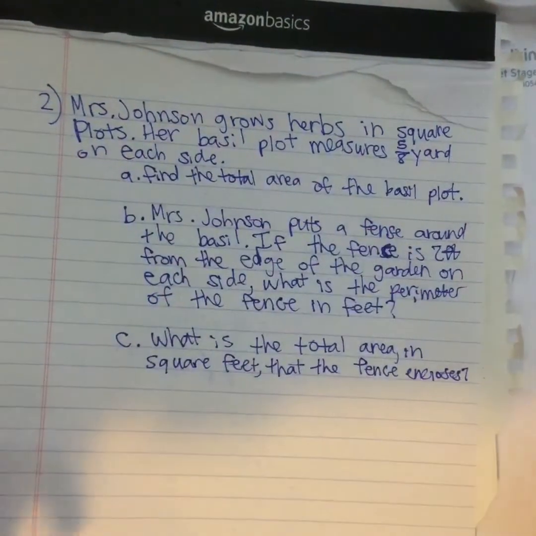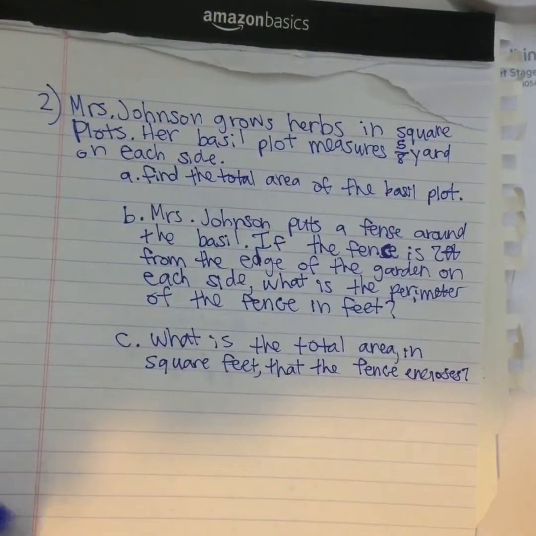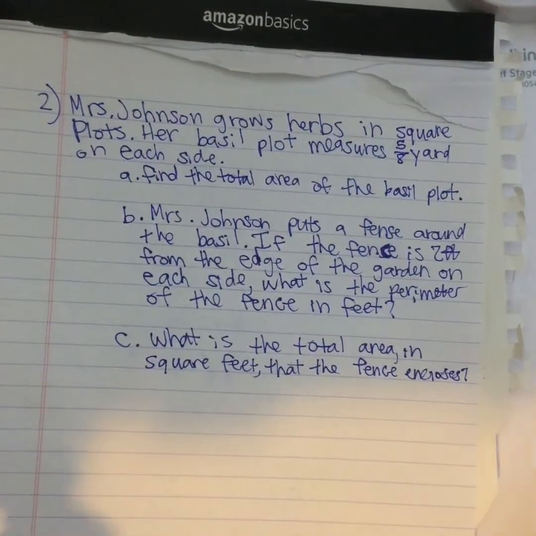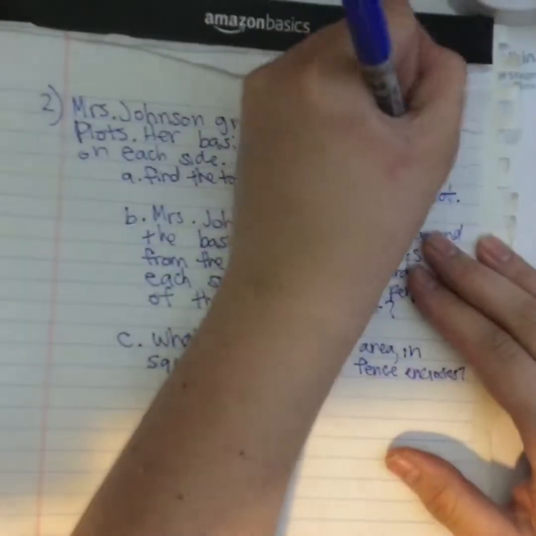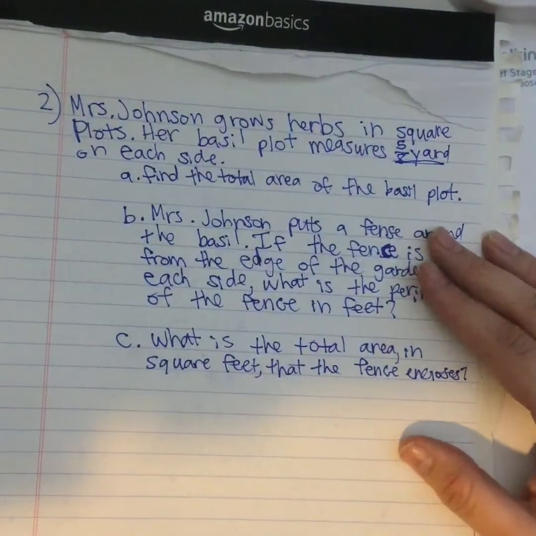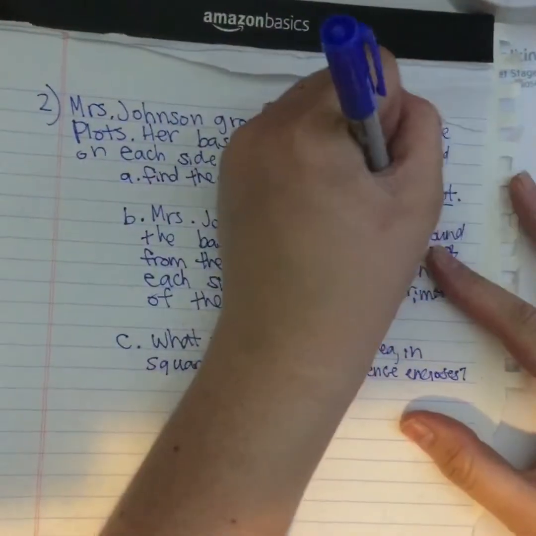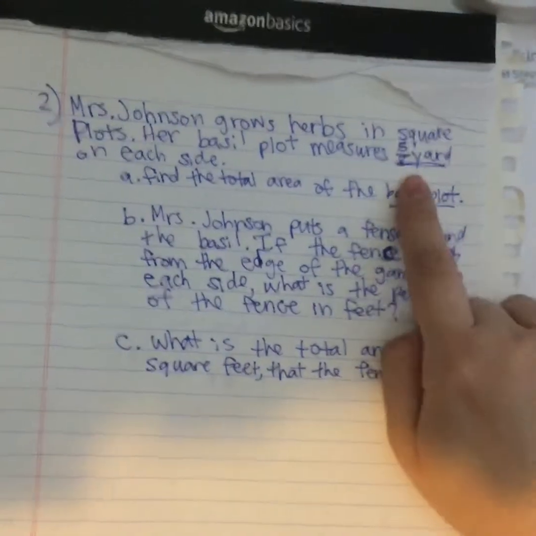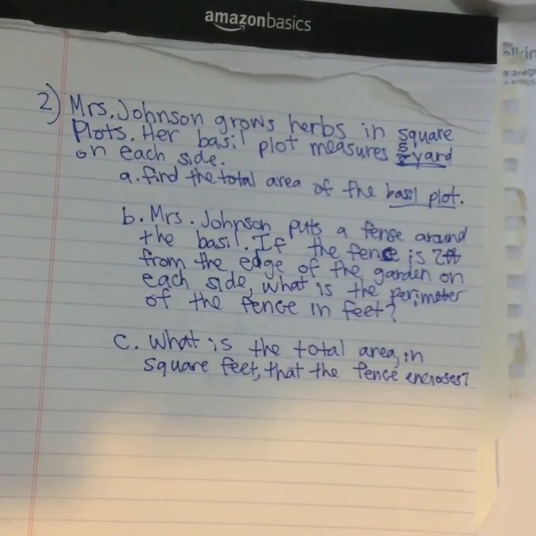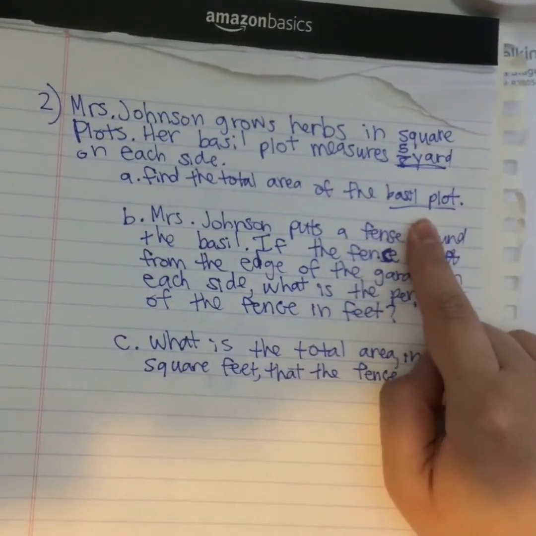Mrs. Johnson grows herbs in square plots. Her basil plot measures 5/8 yards on each side. Part A says find the total area of the basil plot. So we have enough information from this first part to answer it. It just is asking what the area of the basil plot is.